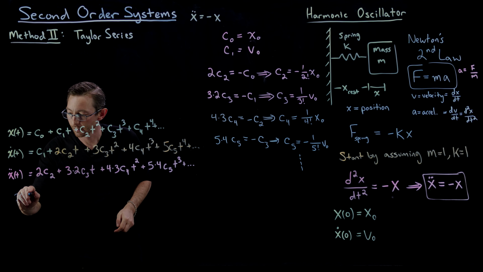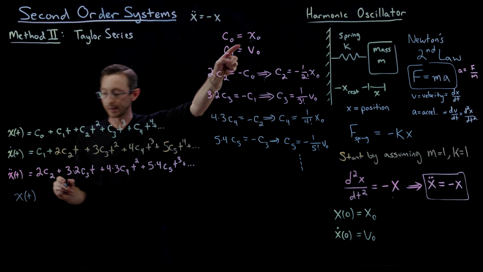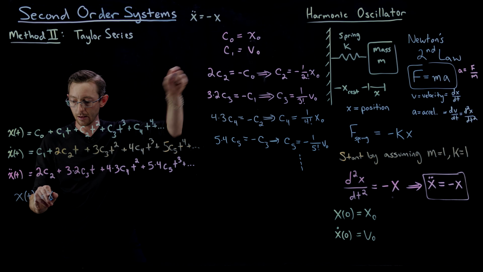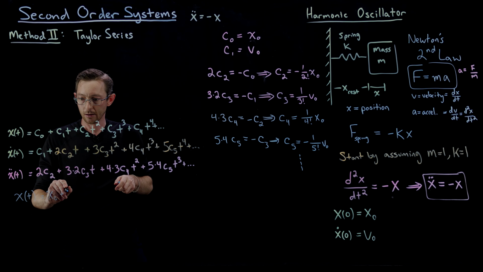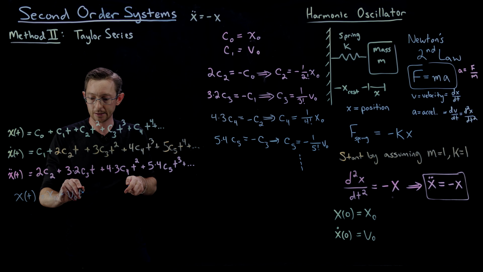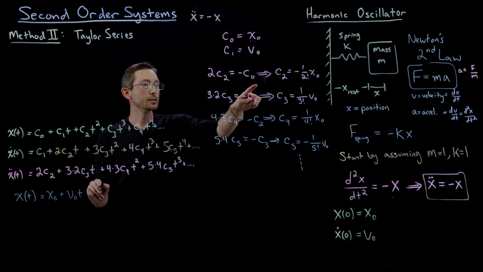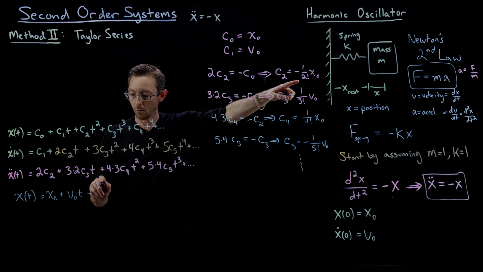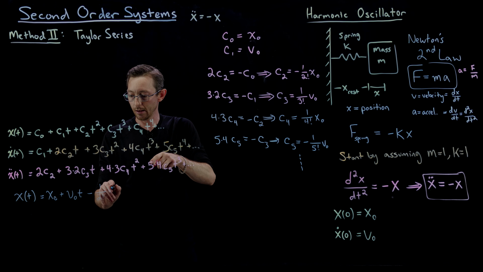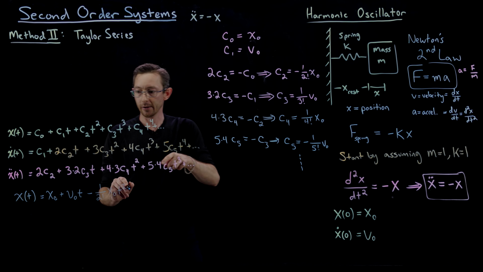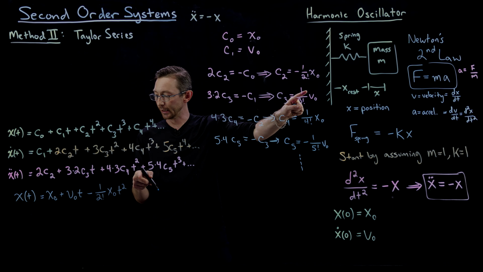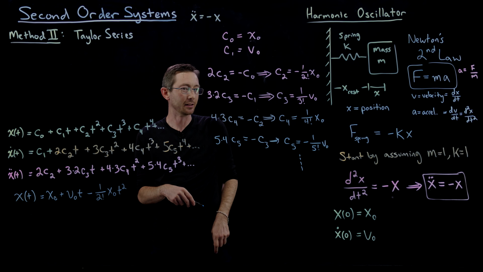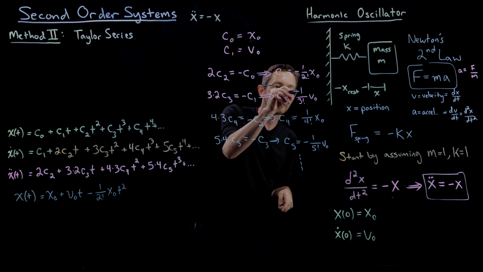So x of t equals x naught plus v naught t. C2 is minus 1 over 2 factorial x naught times t squared. C3 is, I feel like I'm missing a minus sign. Yeah, this is supposed to be minus.